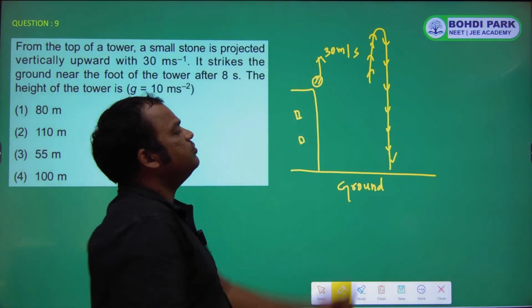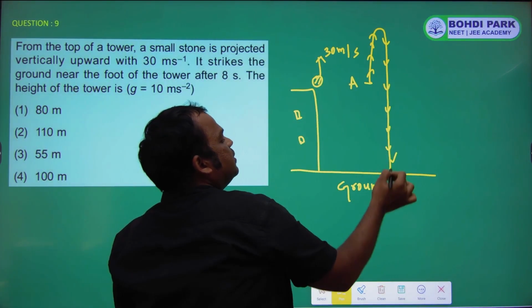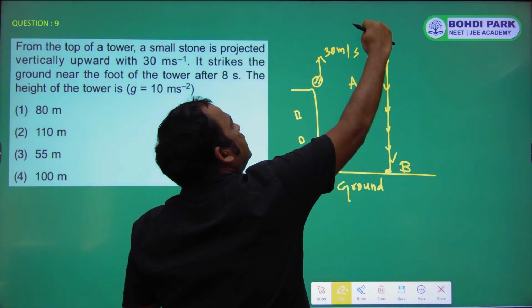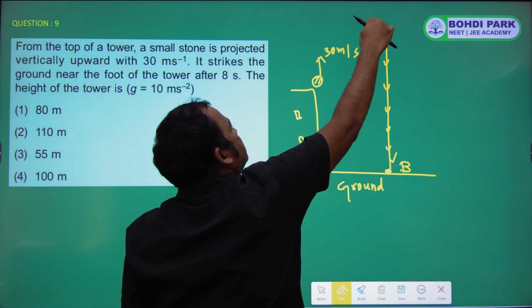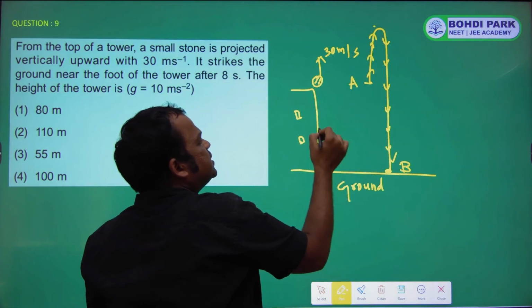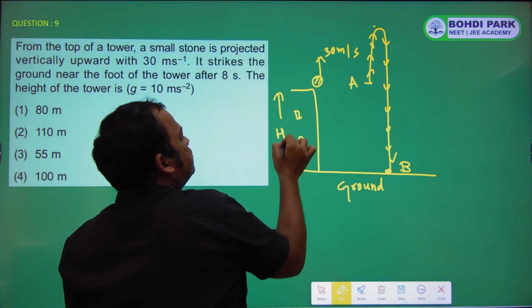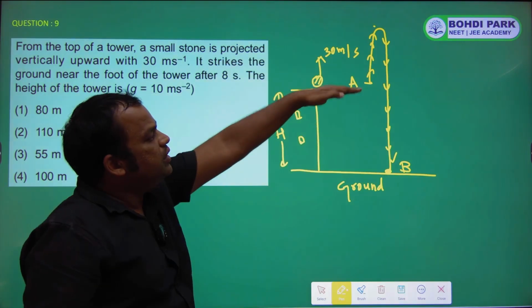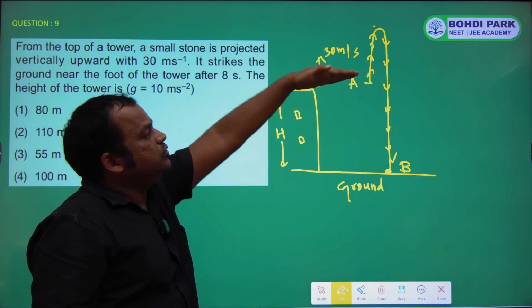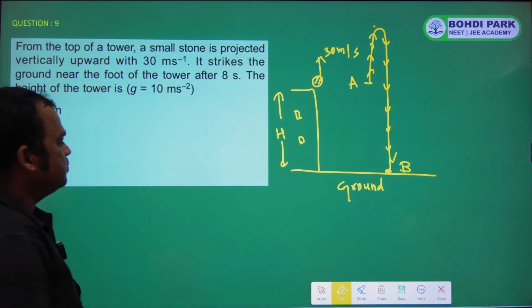If you observe, the initial point is A, and on the ground the point is B. So it is going upward, velocity becomes 0 here, then coming back. So total displacement is minus h, if h is the height of the tower. Initial position is A, final position is B.